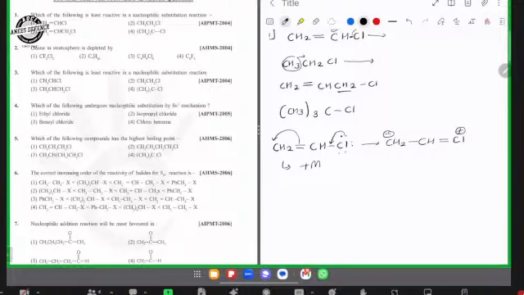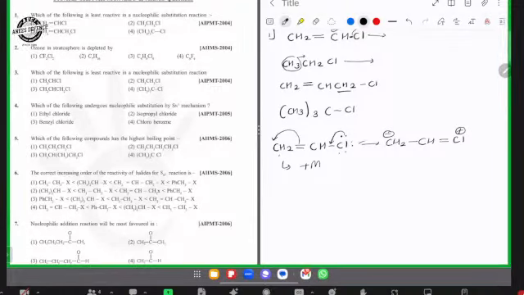Due to the partial double bond character between C and Cl in vinyl chloride, there is a partial double bond between carbon and chlorine. It is not a permanent double bond. The permanent double bond is between this carbon and this carbon. There is only a partial double bond because the lone pair is busy with resonance.